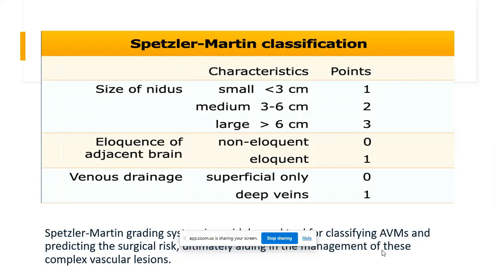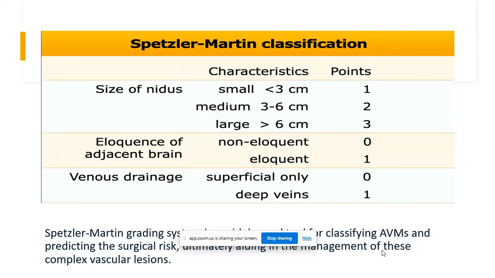If they are graded 1 and 2, they are generally considered low grade and often resected with lower rates of surgical complications. If they are grade 3, these are intermediate grade with a higher risk of complications compared to lower grades.